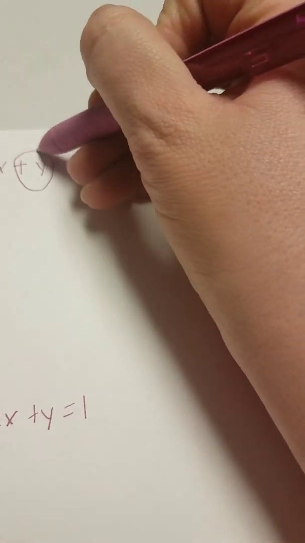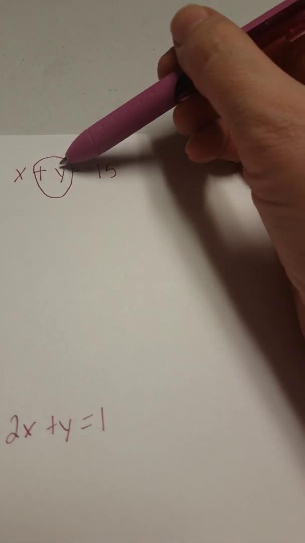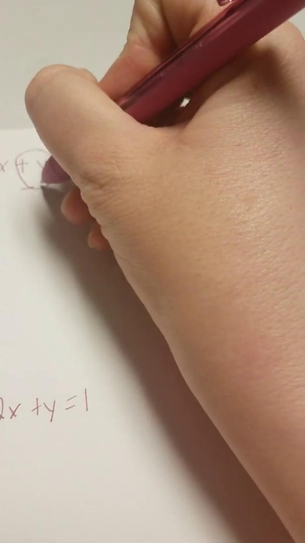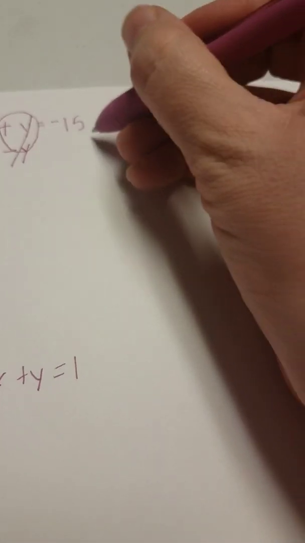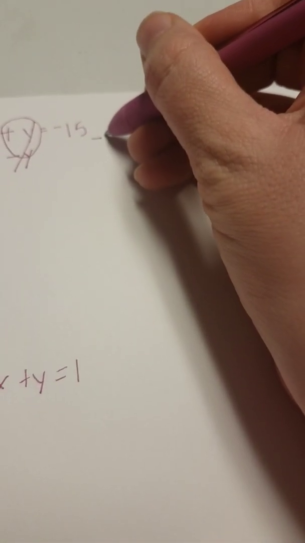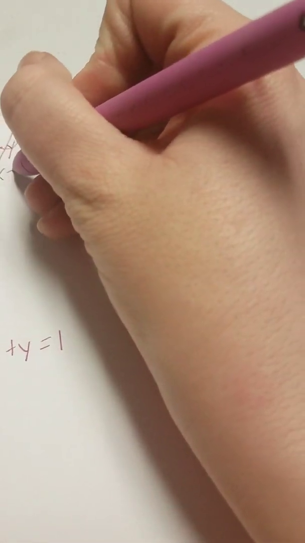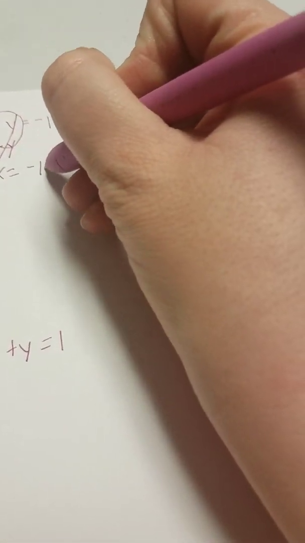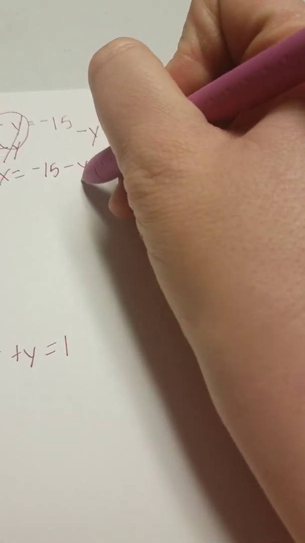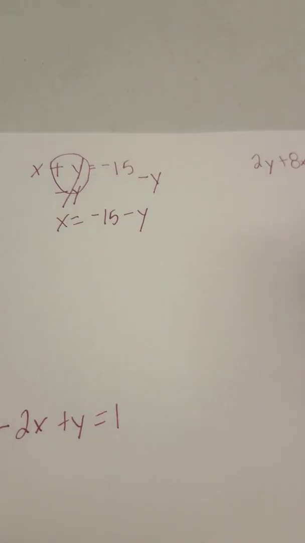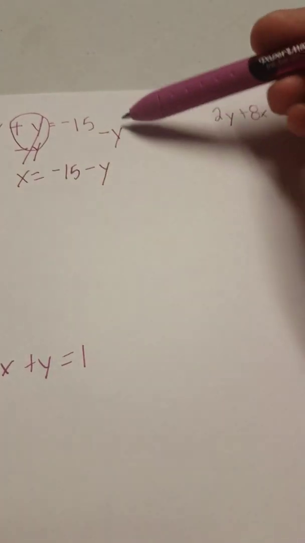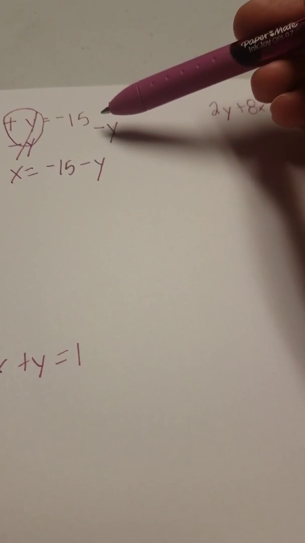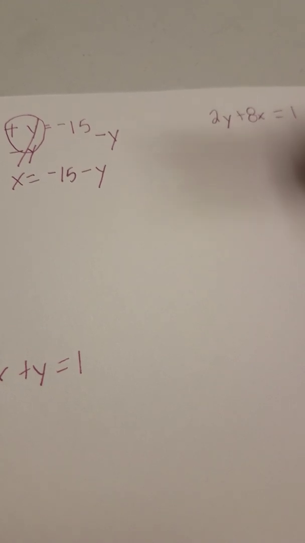So if I'm going to get rid of y, it's a plus y, so I'm going to subtract it to get rid of it, and I can't take it out of 15, so I'm just kind of subtracting it from this side just to keep it equal. So the new problem is x equals negative 15 minus y. So we're done. We got one variable all by itself. Now, if you wanted, you could have subtracted x instead. And if you had done that, you would have y equals negative 15 minus x.